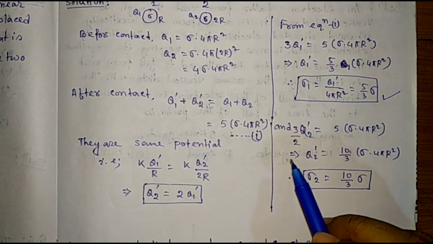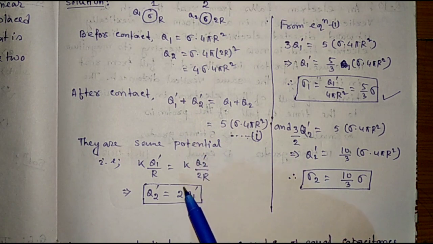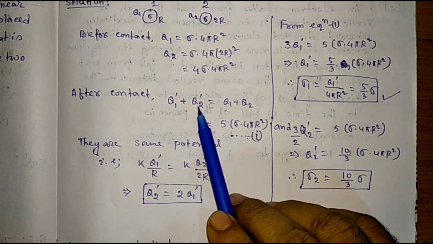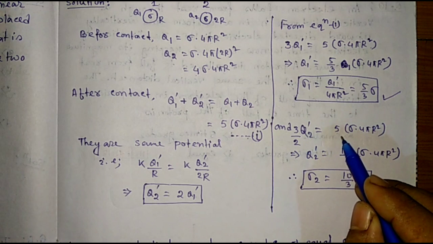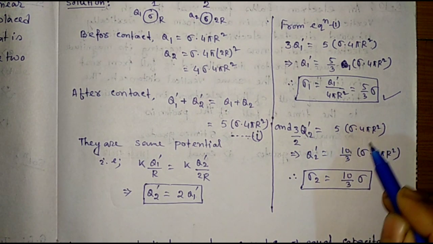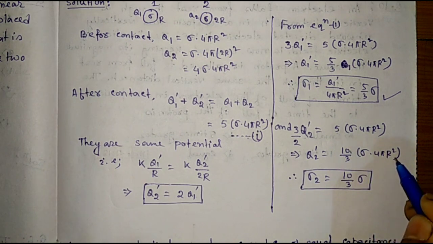And similarly, when we put from equation 1 the value of q1, which is half q2, we get 3 by 2 q2' equal to 5 sigma 4 pi r square. So q2' is equal to 10 by 3 sigma 4 pi r square.